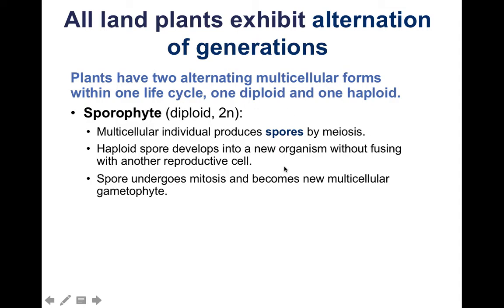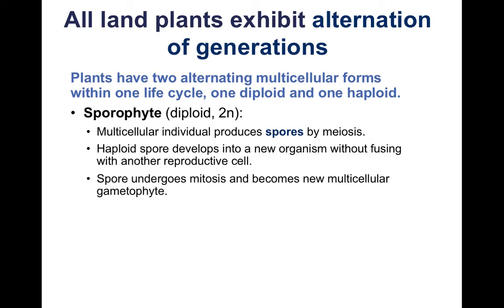So these haploid spores are able to grow and reproduce via mitosis, okay? These haploid spores develop into a new organism without having to fuse with another reproductive cell. So they're going to divide through mitosis to form a multicellular haploid form.